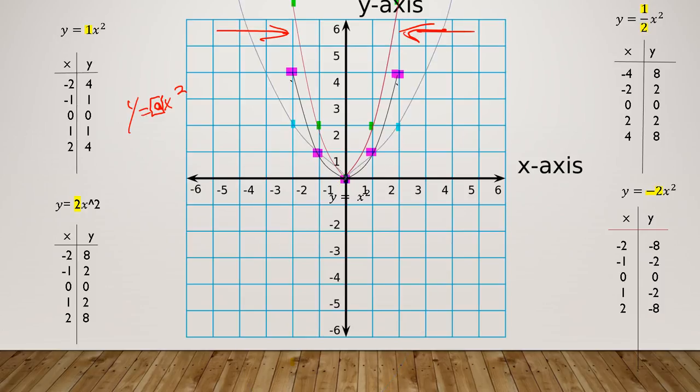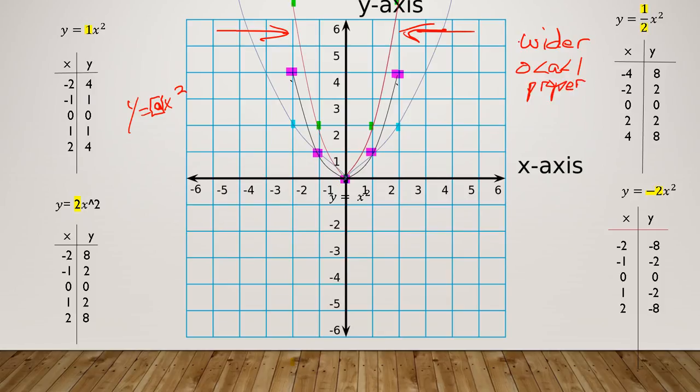And if you notice, with the y is equal to 1/2, we're starting to see a wider function. Okay? Because a is between 0 and 1, meaning a proper fraction.